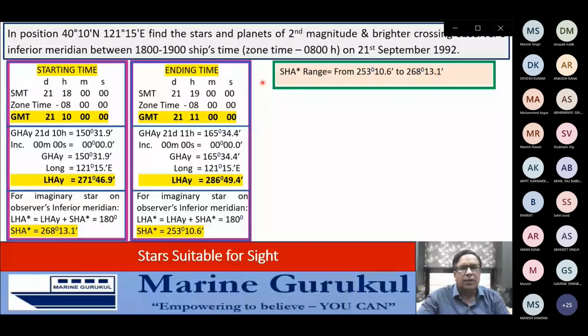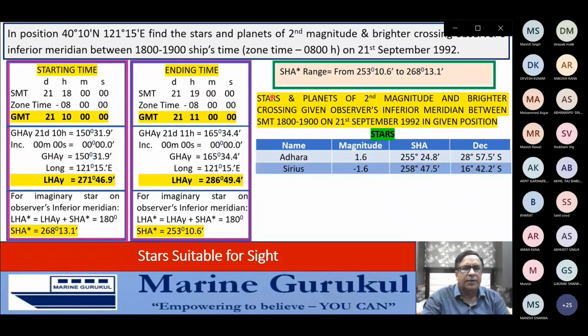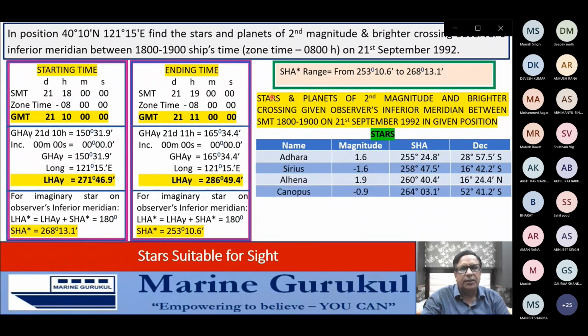We go to the star tables, look for stars in this range with magnitude of 2 and brighter, and we get the following stars. We get Adhara, we get Sirius, we get Elena, we get Canopus, we get Mirzam. So these are the 5 stars that we get, which have the SHAs.